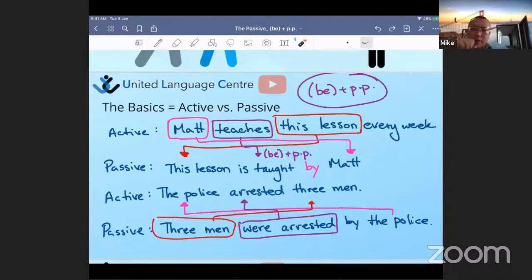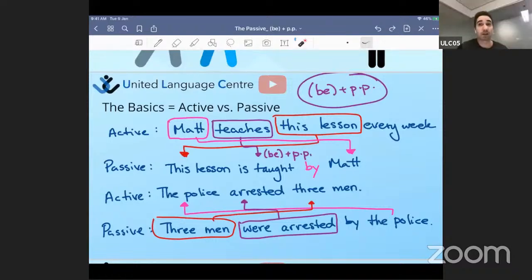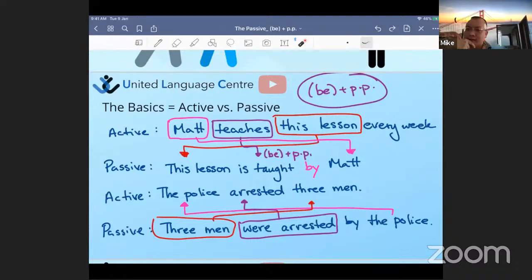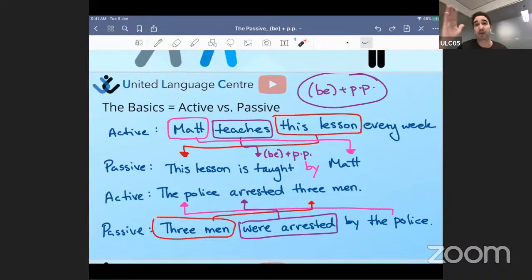Because the subject is be. If I say I like shopping, I would never say shopping is liked by Matt.